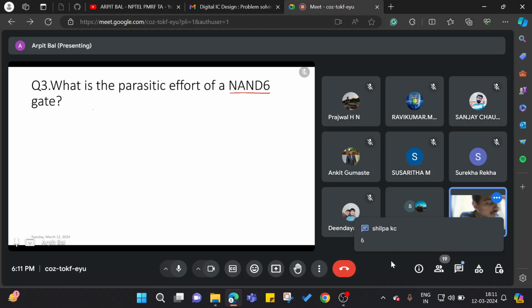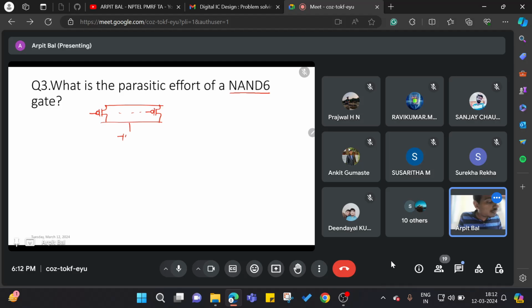So for NAND 6, you will have 6 PMOS in parallel and 6 NMOS in series. When you scale the NMOS, it will be 6 and the PMOS won't need any scaling. So you have 2 into 6 plus 6 by 3.